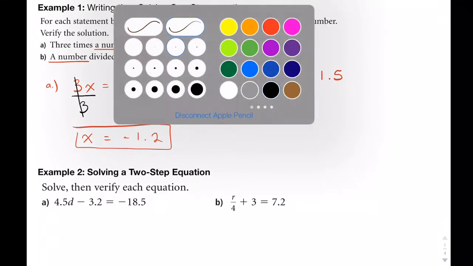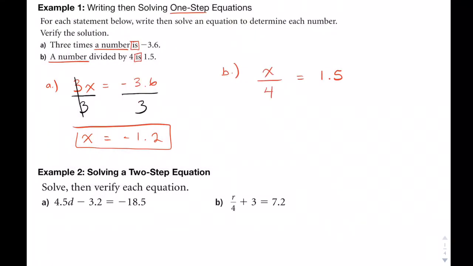This time, x is being divided by 4. We want to get the x by itself. Since x is being divided by 4, the opposite of division is multiplication, which means we want to multiply both sides by 4.